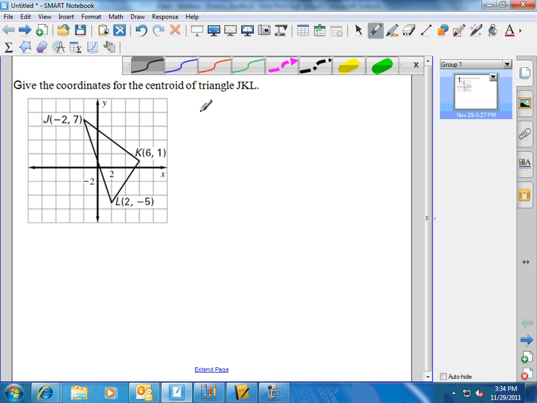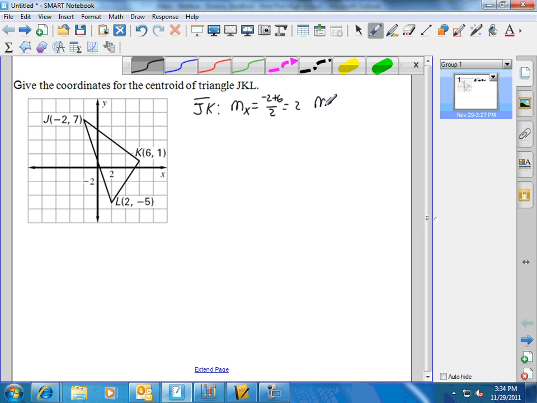So for segment JK, I'm going to find the midpoint. The x-coordinate is the sum of the x-coordinates of the endpoints, -2 and 6, divided by 2, and that's equal to 4/2, which is 2.